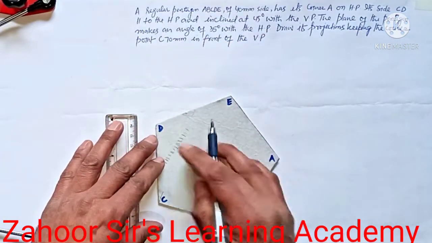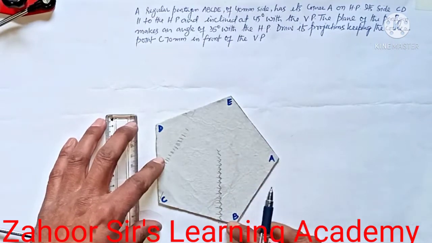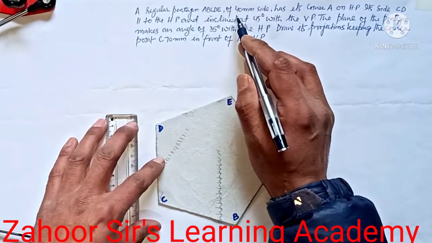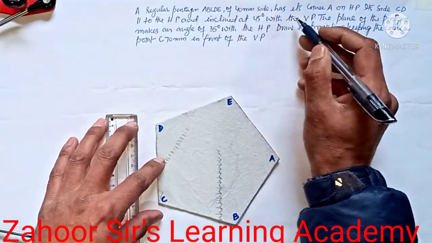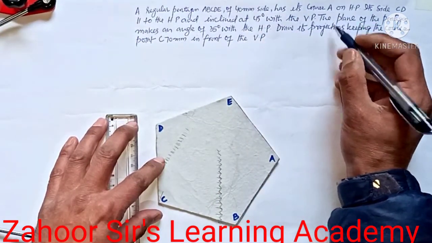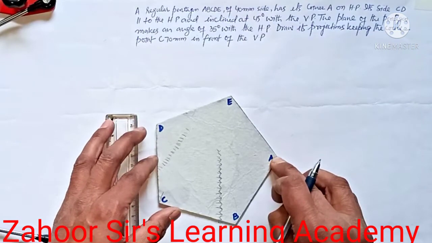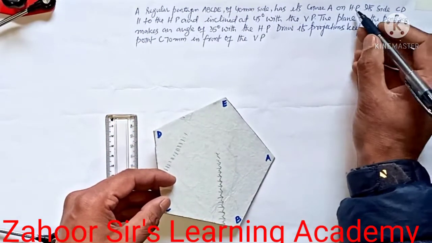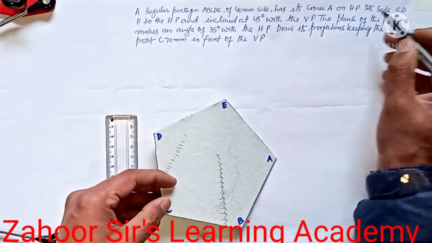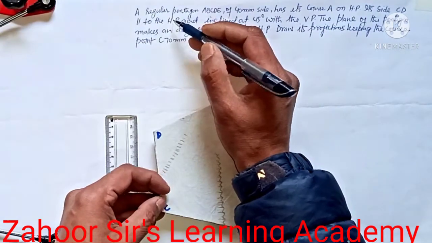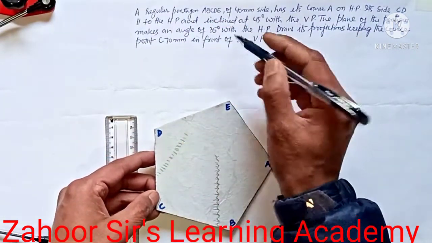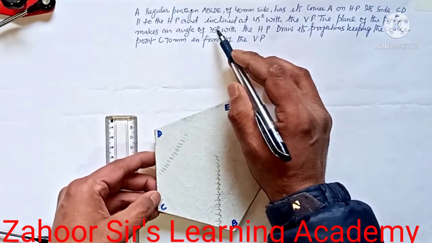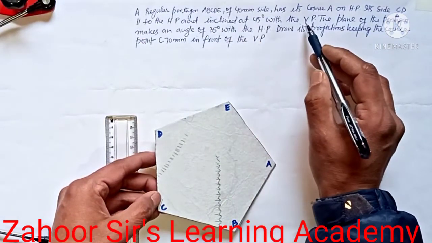So we have taken a regular pentagon ABCDE whose side is 40 mm and one corner A is on HP. Its side CD is parallel to HP and inclined at 45 degrees with the VP.